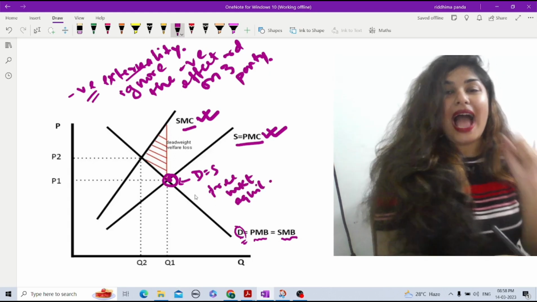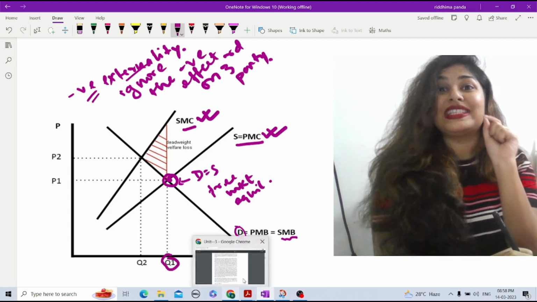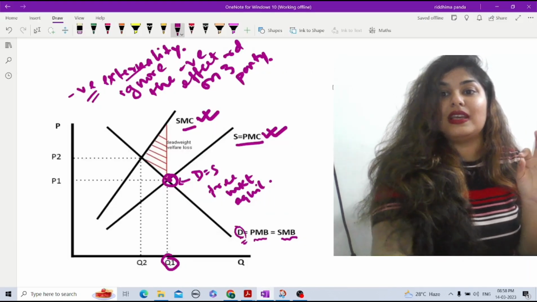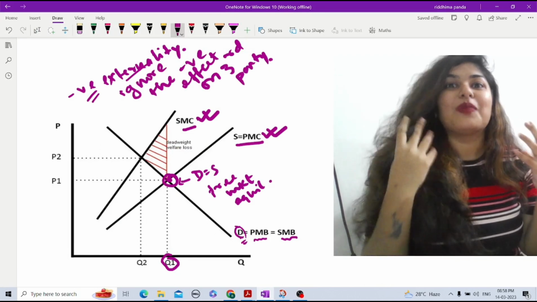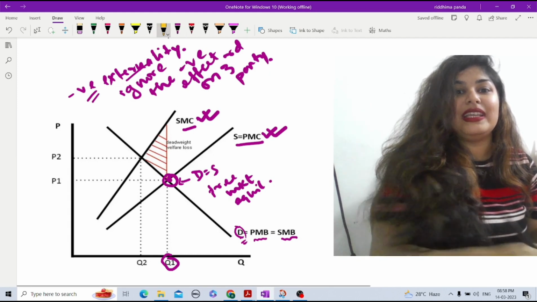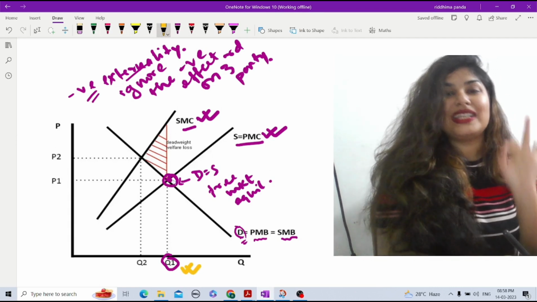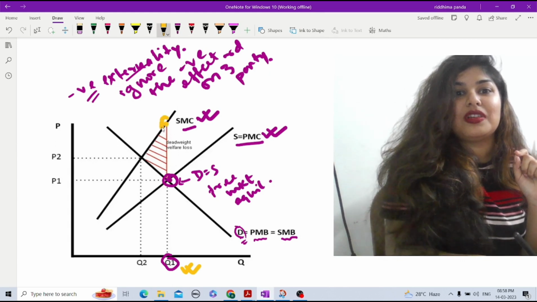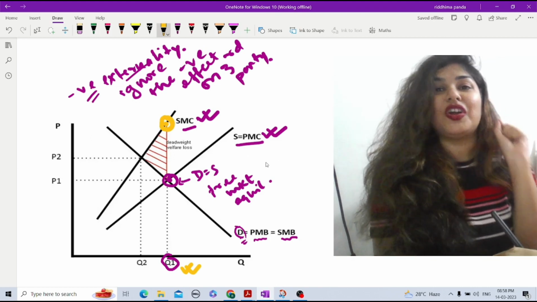At free market equilibrium, this much output is produced solely to meet the private profits, not taking into account the problem caused in the society. As you can see from this diagram, if this much Q1 is produced, the private benefit is exactly equal to private cost. But if we talk about social cost, then social marginal cost is more than the private marginal cost. That means this is not good for the society.